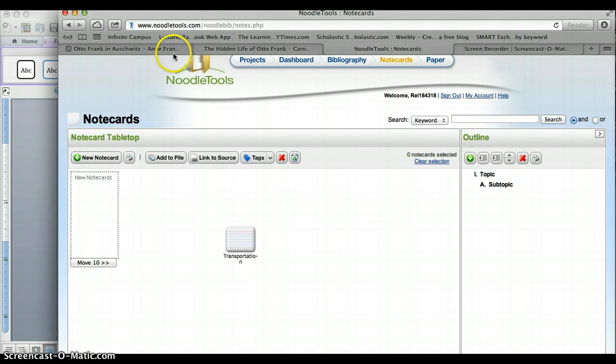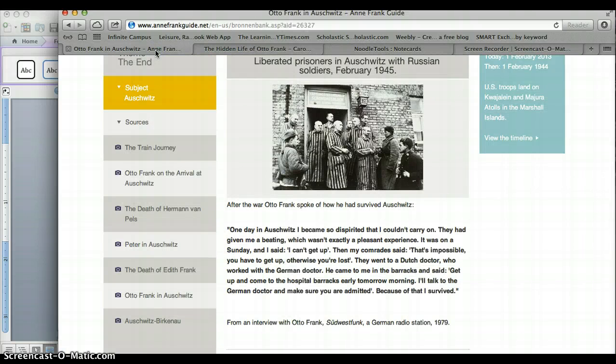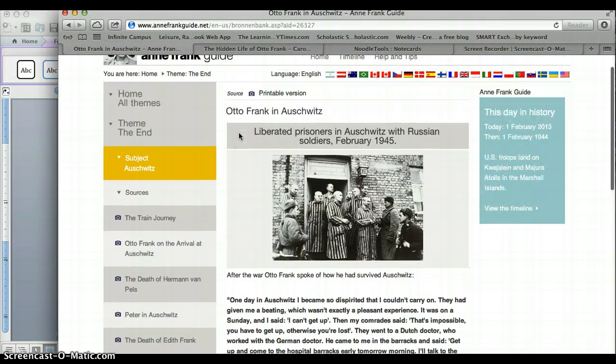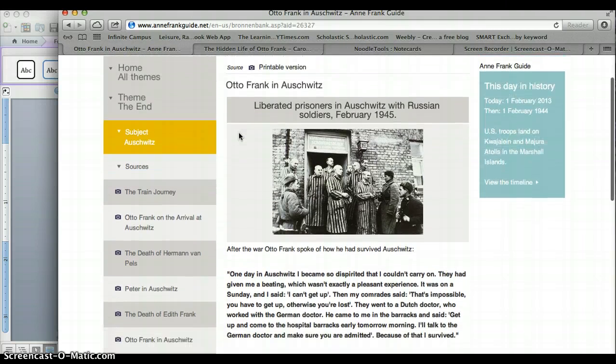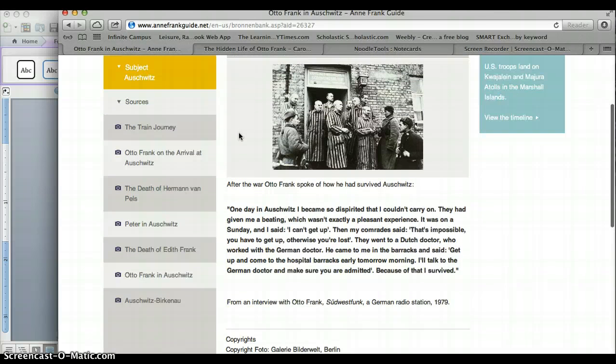When you go and you find another resource, or you do this on your own, what you're going to do is just look at this website, for example, another one on Otto Frank and Auschwitz. This website is an interview with him, and he's talking about how he almost gave up in Auschwitz. So that makes me think, after I read through this, what category does it relate to?